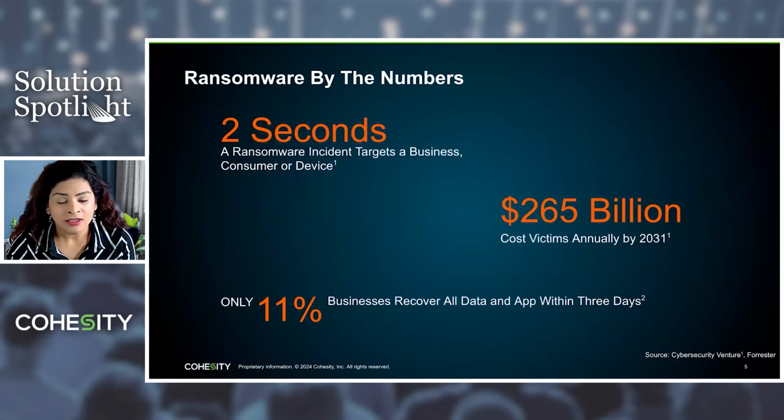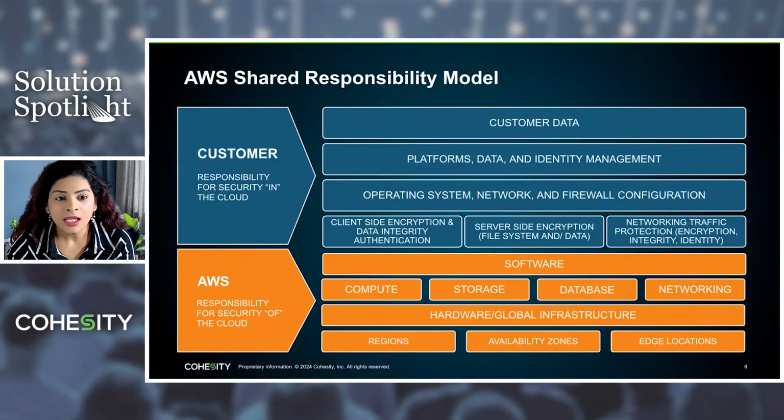So in short, ransomware is only on the rise. It's not going anywhere. And we need to ramp up our protection against this prevalent security threat that's plaguing everybody. Now, since we're talking about AWS data sources today, let's talk specifically about your data that's shared or stored in AWS.